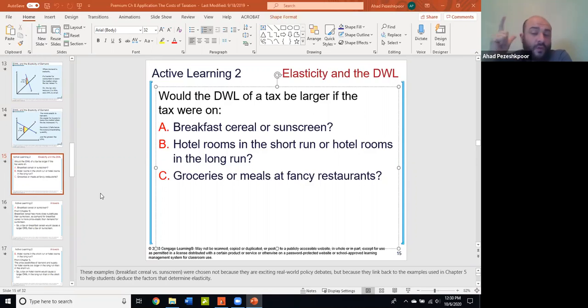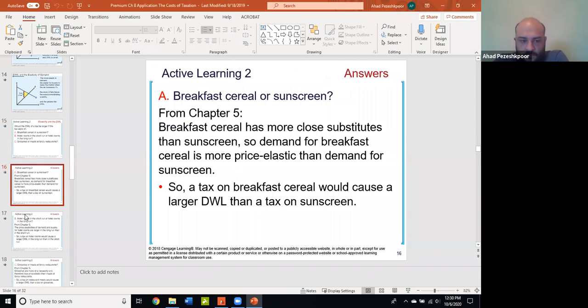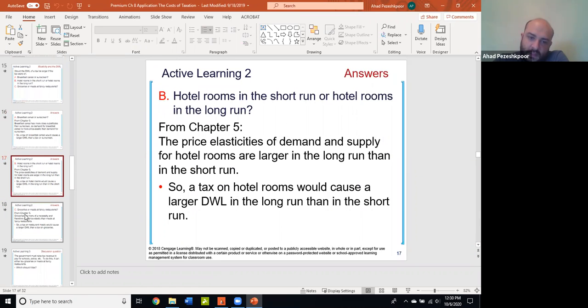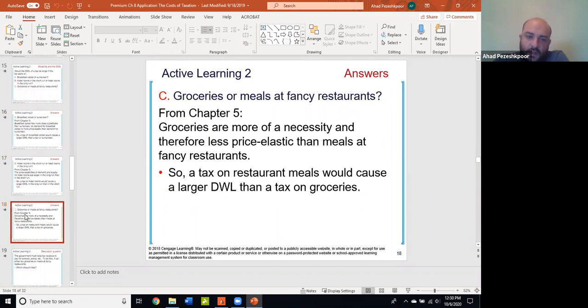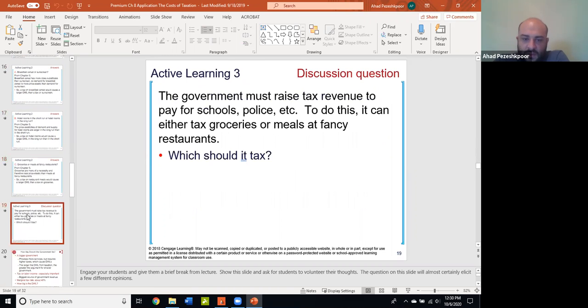So you always have to consider all these trade-offs. There is no easy option in economics. In the long run, a higher deadweight loss, larger deadweight loss for restaurants.